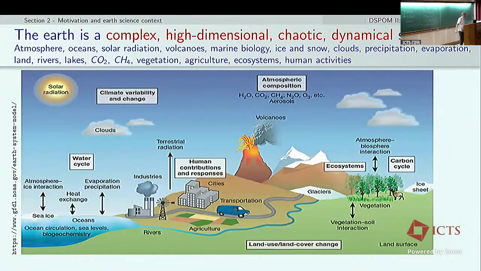So it's a system that consists of so many different parts that everything simply cannot be modeled at all. We cannot incorporate all of this into the model. We can't even do snow and ice and cloud properly. Forget human activities and vegetation and so on and so forth. Okay, so it's an extremely high-dimensional system. There is one problem.